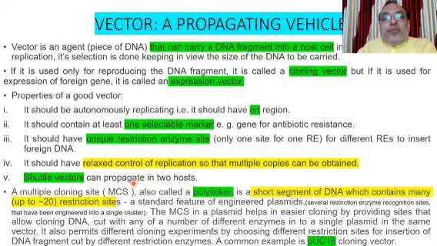Similarly, if it is flourishing in yeast, it should have the ARS sequence, automatically replicating sequence, as well as the centromere so that it could divide and replicate, as well as a selectable marker too, so that the transformed yeast, that is the yeast having the desired stretch of DNA, could easily be identified. So this is about shuttle vector.